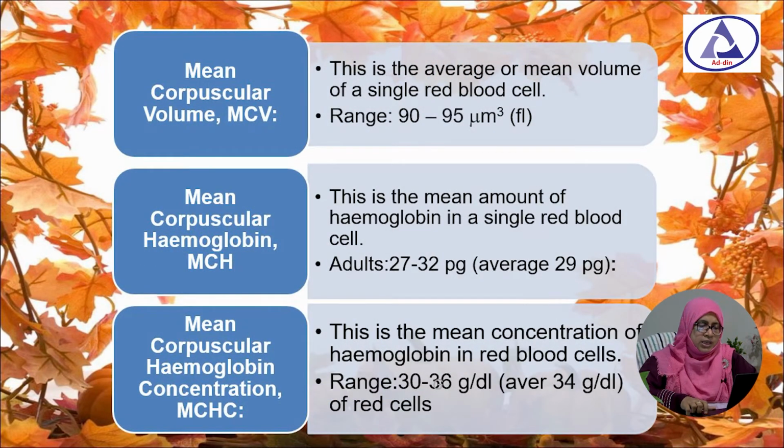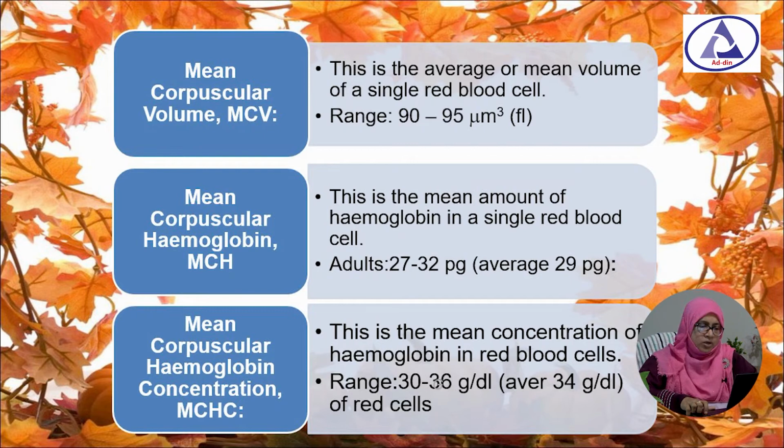The other RBC indices are mean corpuscular volume, MCV, mean corpuscular hemoglobin, MCH, and mean corpuscular hemoglobin concentration, MCHC. Firstly, what is MCV? This is the average or mean volume of a single red blood cell. Its value ranges from 90 to 95 cubic micrometer.